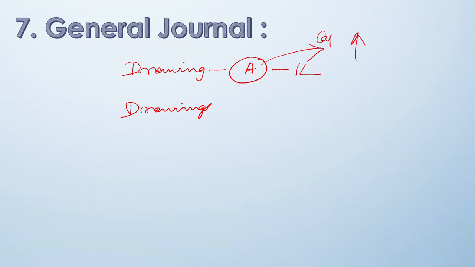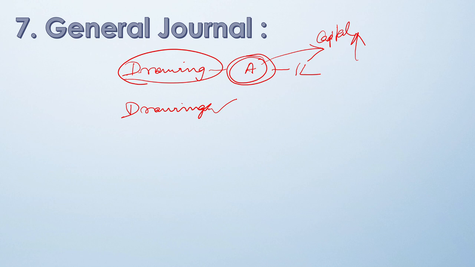Same way, when he is withdrawing from the company, it means the company shall treat him as an asset because he has to give back the goods to the company, either through cash or as goods. So now Mr. A shall be treated as the asset of the company, right? That is why we are debiting the drawings account. It's like the opposite of capital account, right?